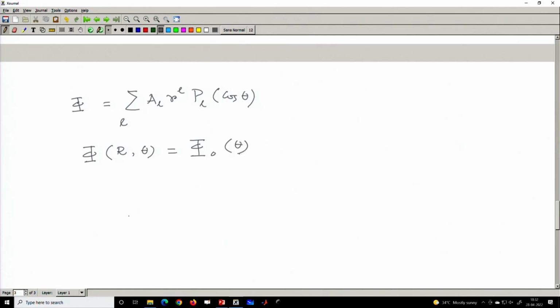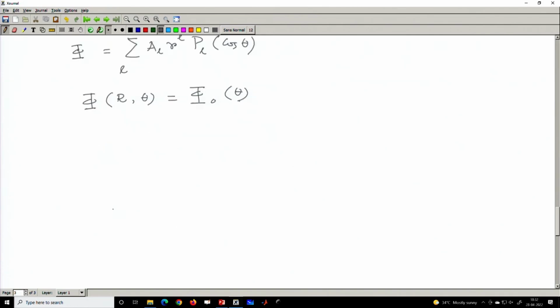So I can write the sum over L of A_L, with r put equal to big R, times P_L(cos theta), is simply phi_0 as a function of theta.